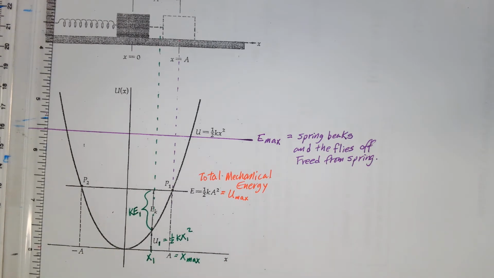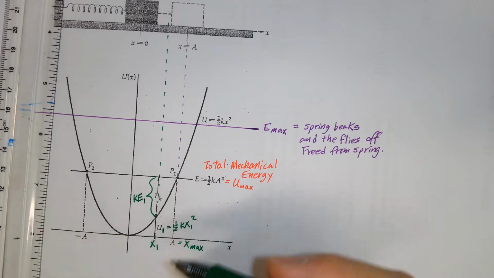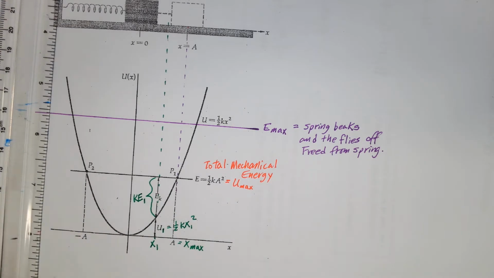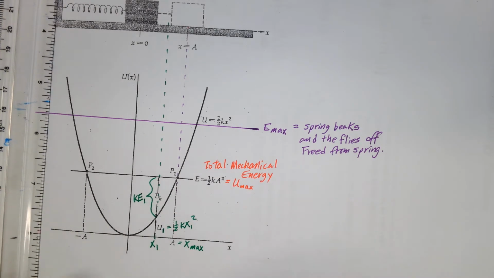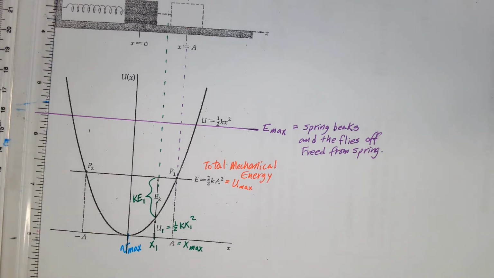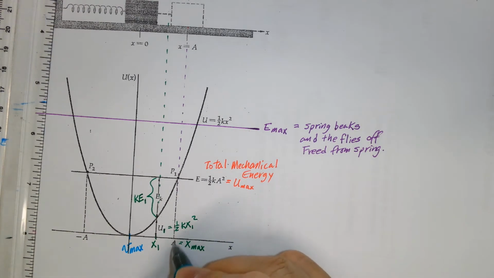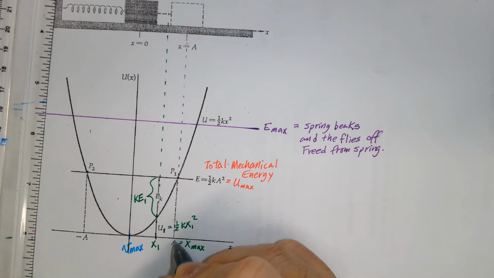Does that make sense? All right. Here, when it's at equilibrium, you would have v max. Here, at maximum amplitude, or maximum x value, your v is equal to 0.